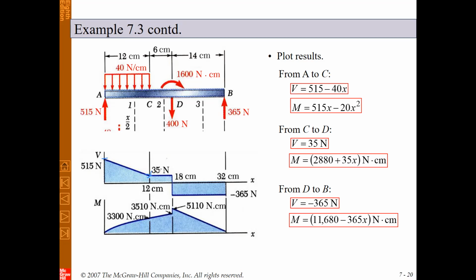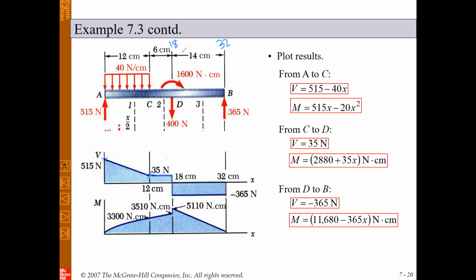I should mention that you can check your values from both sides to check the accuracy of your result. Again, in this interval, the shear force is constant between point C and point D. And after that, for the interval between D and B, at this point x is 18 and at this point it is 32.